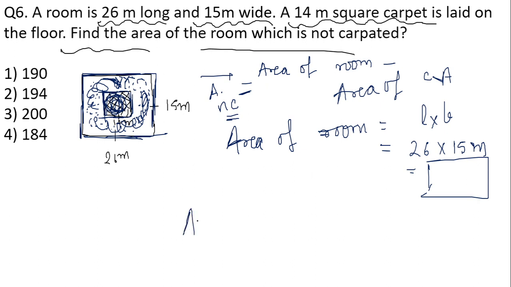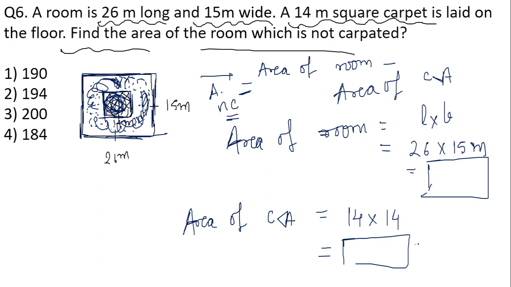Second, the carpeted area is the area of a square, because the given carpeted area is in the square shape. We know the area of a square is side square, that is 14 into 14. Whatever the answer comes, we just have to subtract it from this and we'll get the value.